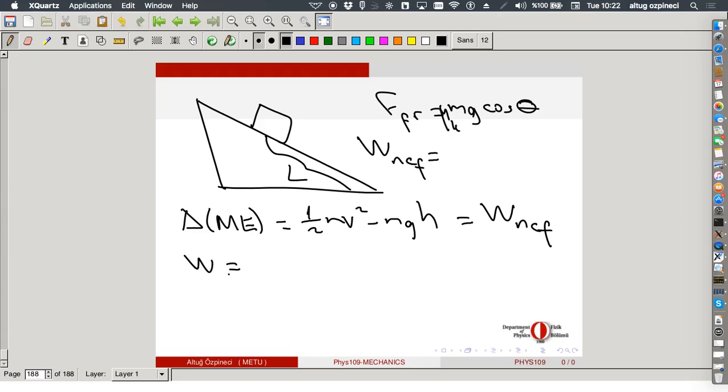What is the definition of the work done by a constant force? F times delta R. If we have a constant force, this is always the work done by that constant force. Now, how do we define this scalar product?